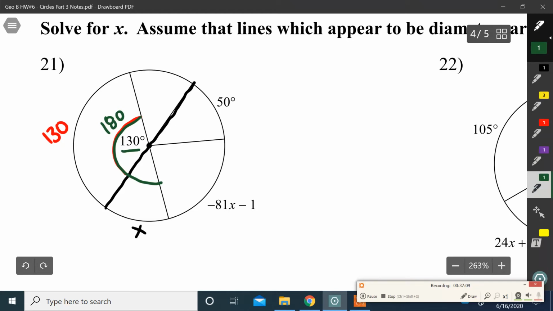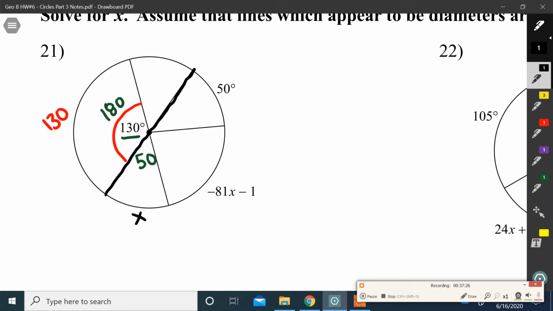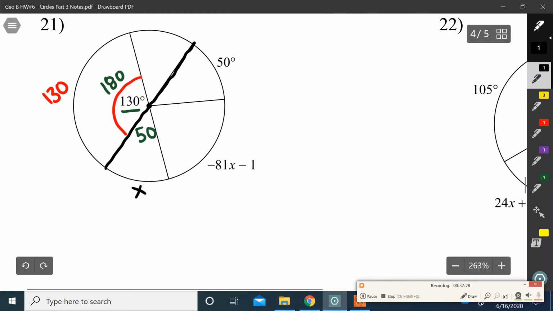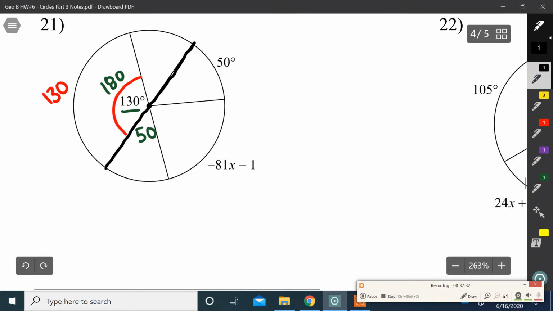So if this is 130, how much do I need to get to 180? I need 50 more. So that must be 50. That's just what it is, guys. That's not as complicated as you might think. So that means that this must also be 50.